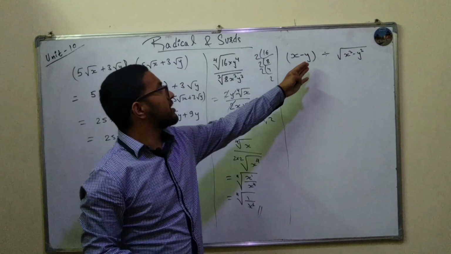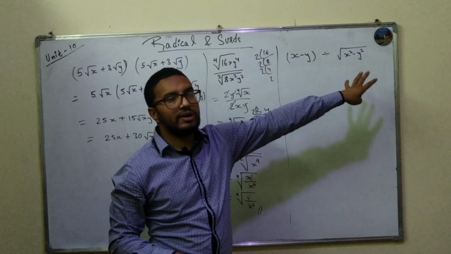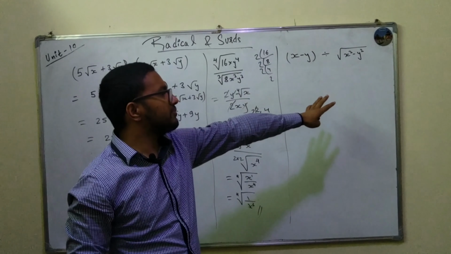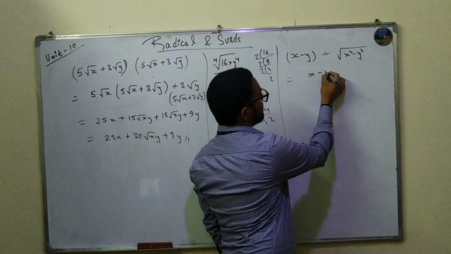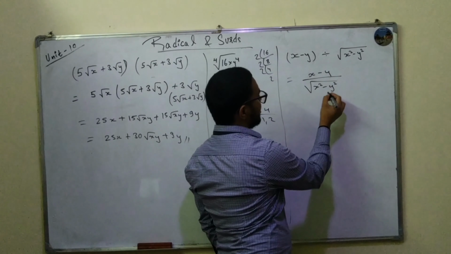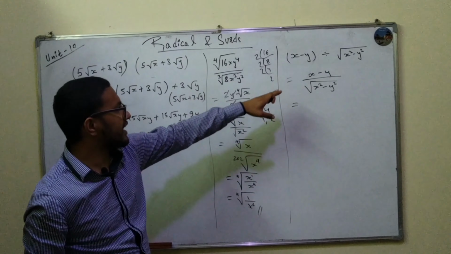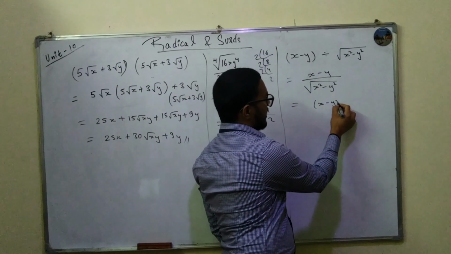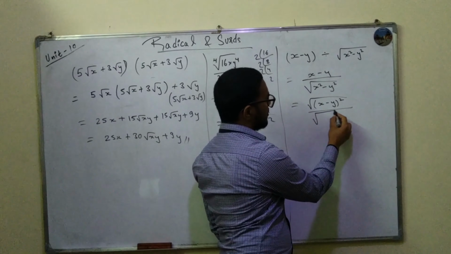Similarly in this case, we have x minus y divided by under root x square minus y square. What's the formula for a square minus b square? It's a plus b, a minus b. So similarly, x square minus y square is x plus y times x minus y. As I have done over here, I can put a root on that. So I can say x minus y square under root, and this is also within a root.